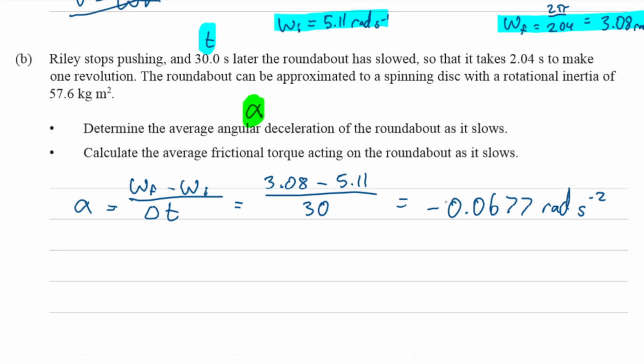And just like Newton's second law for linear motion, F net equals mass times acceleration, we have an equivalent expression, but for rotational motion, where the net torque is equal to the rotational inertia, which relates to the mass, but also how far away from the rotational point it is, times the angular acceleration.